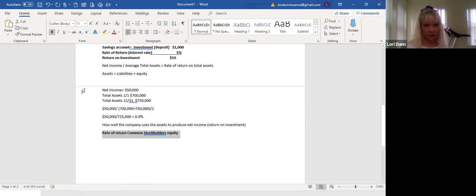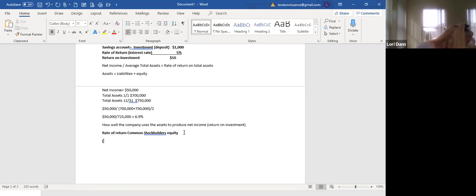Again, the numerator, now your book calls it return on equity, and return on equity would be for all stockholders. I focus on common stockholders because I want you to remember that.